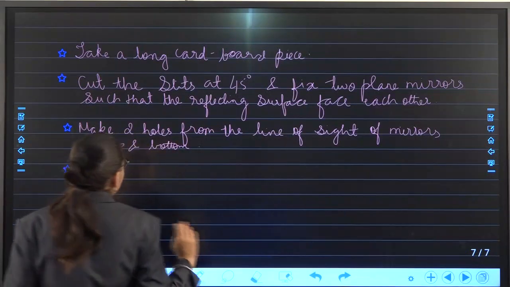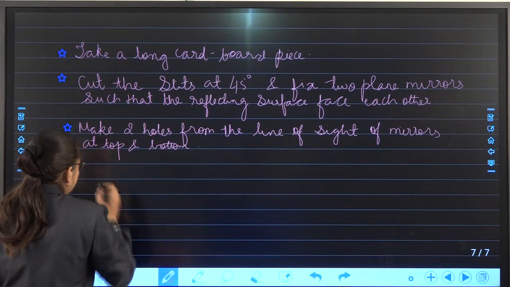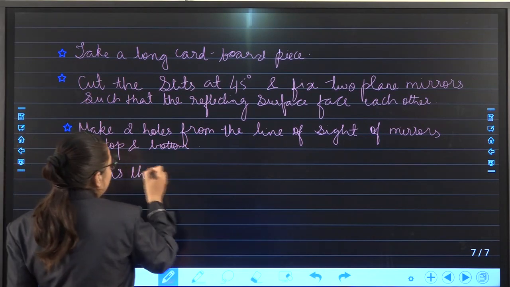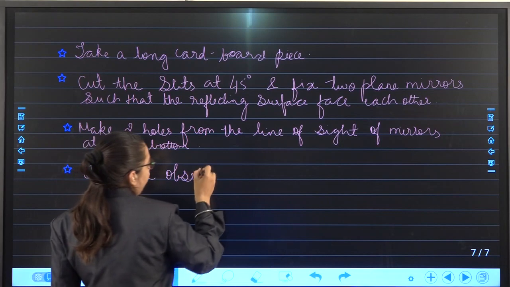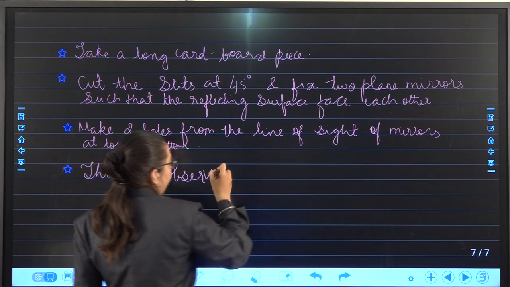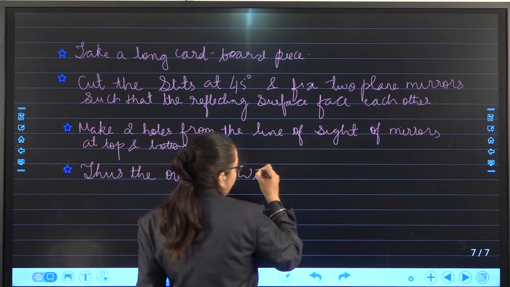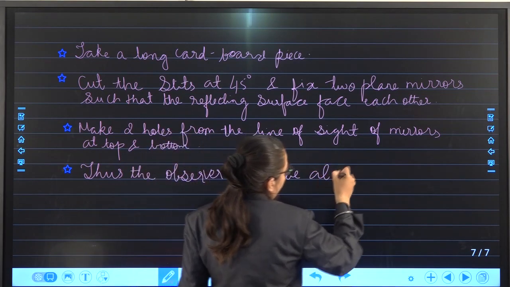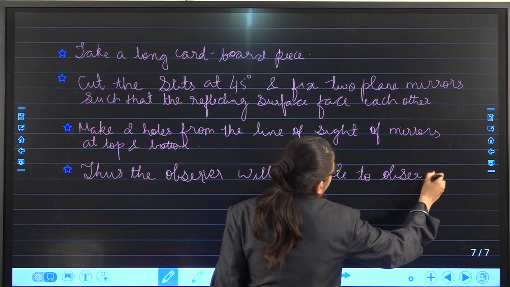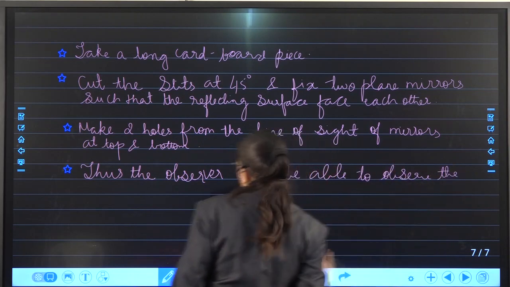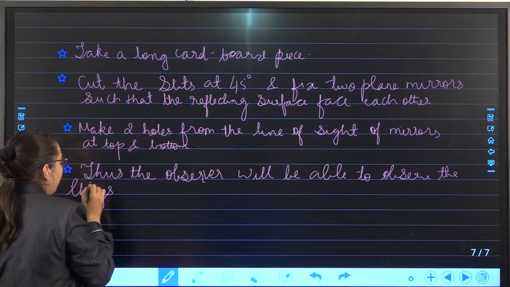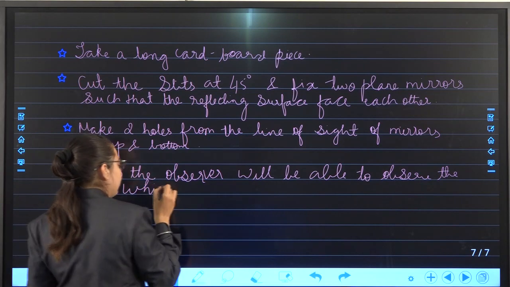Thus the observer will be able to observe the things which are in direct line of sight.